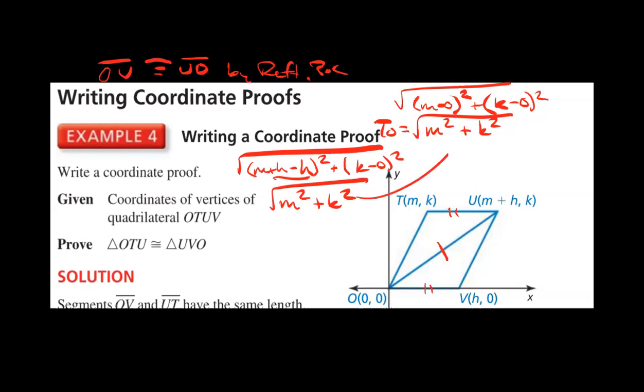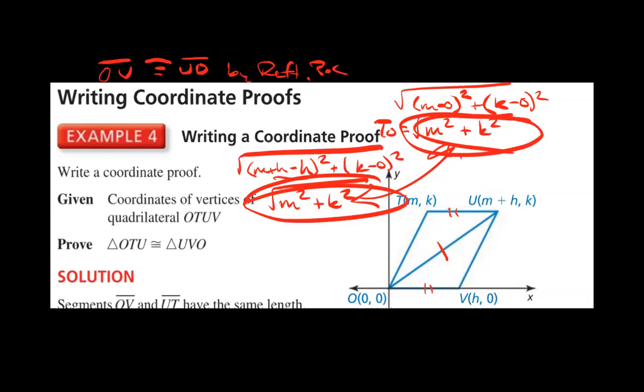Well, it's the same thing, right? So even though I don't have a number value for it, I know that those two lengths are the same because distance formula left me with the same thing, the same letters, the same everything. So because those are the same, I can say that they are congruent, which means we have side, side, side for that.